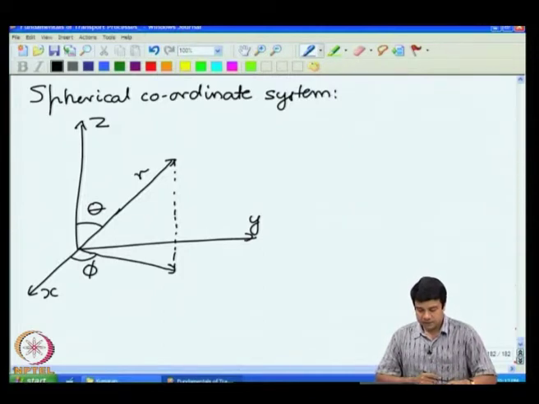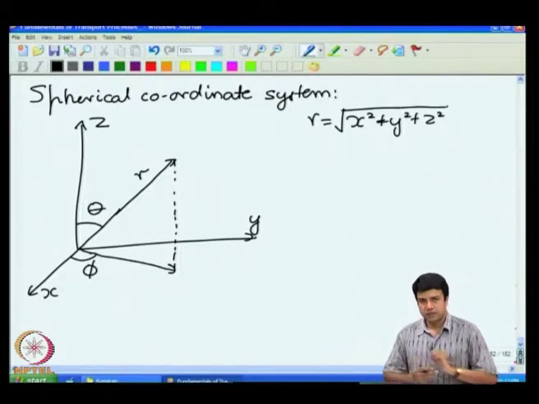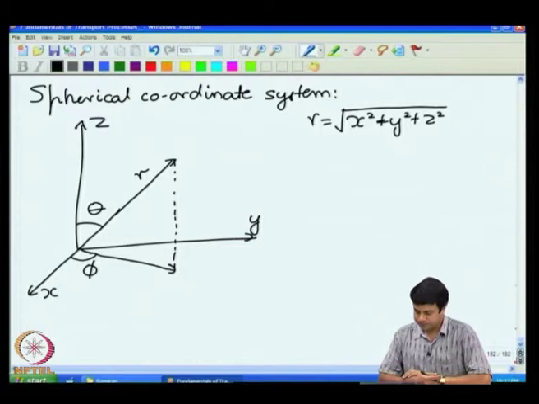So, in terms of the x, y and z coordinates, r is just the distance from the origin, which is the square root of x square plus y square plus z square. Theta is the angle that is made with respect to the z axis.